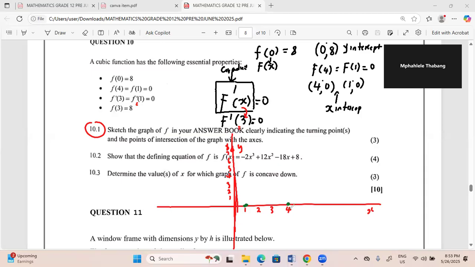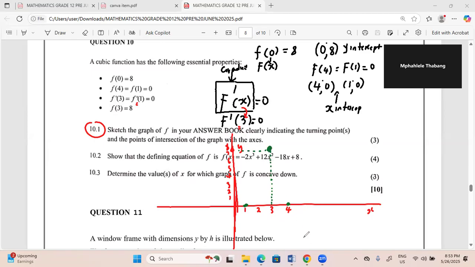Remember, at 3 they are saying the graph will turn, and f(3) equals 8. When x is 3, y is 8. I have another point here.